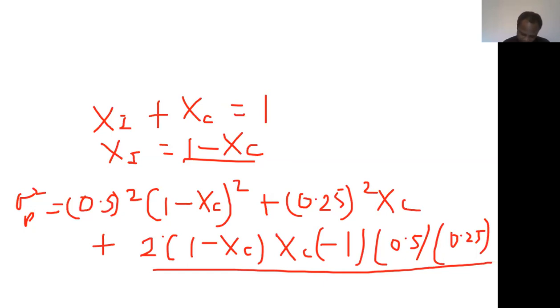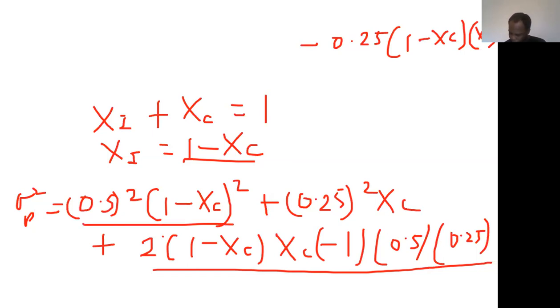So I have this expression equal to -0.25 into brackets 1 minus xc multiplied by xc. Now let's come to the first expression: 0.5 squared gives you 0.25.